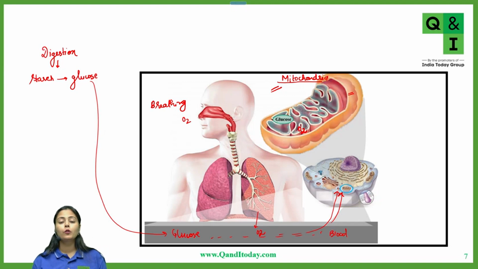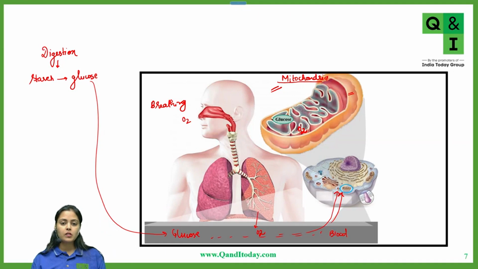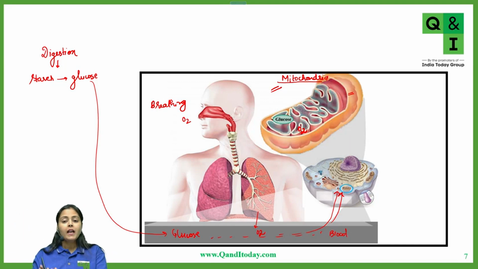By the mitochondria again. So from two different systems of the body, the digestive system and the respiratory system, the final outcome is that the oxygen from the respiratory system will enter the blood and be delivered to cells. Similarly, from the digestive system, glucose will enter the blood, and from the blood it will be delivered to the cells of the body.